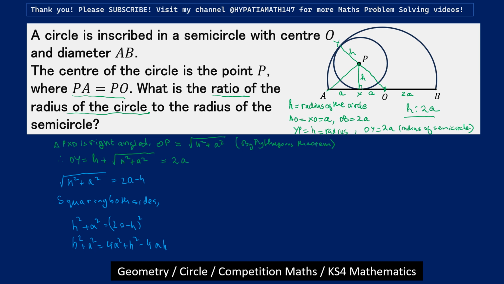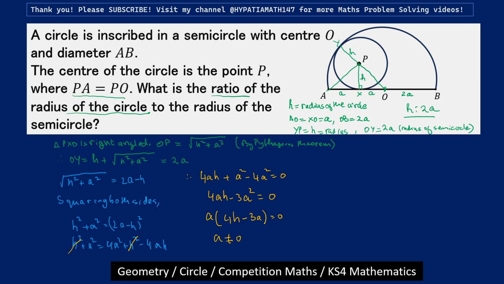Then I can take off the h squares, and bringing all to the left hand side, I will have 4ah plus a square minus 4a square equals 0. So 4ah minus 3a square is 0, and if I take a outside the bracket, I get a times 4h minus 3a equals 0. A cannot be equal to 0, obviously, because it's the radius.